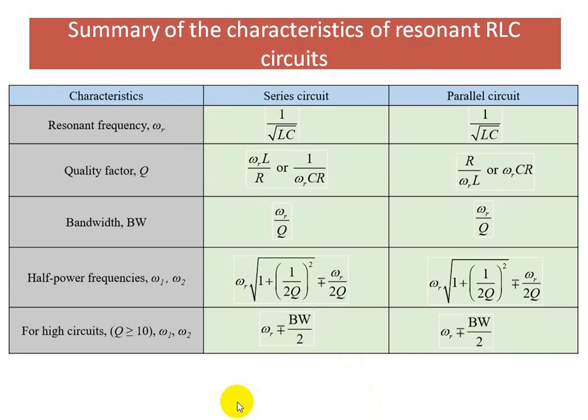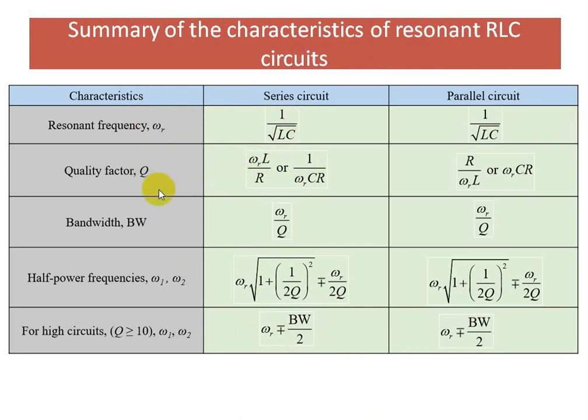Summary of the characteristics of resonant RLC circuit. So, resonant frequency omega r. For series resonance circuit, it is 1 by under root LC. Also for parallel RLC circuit, it is 1 by under root LC.